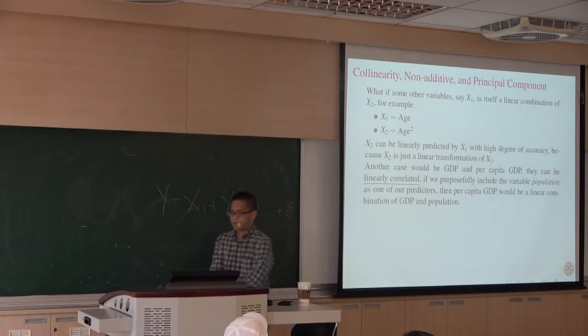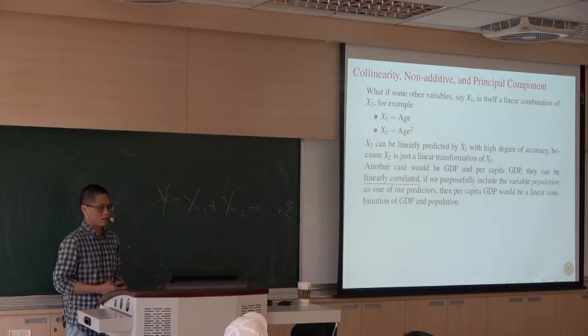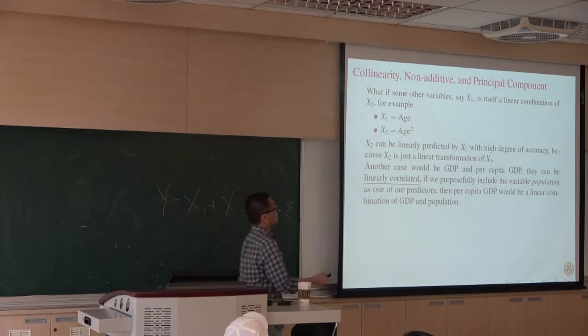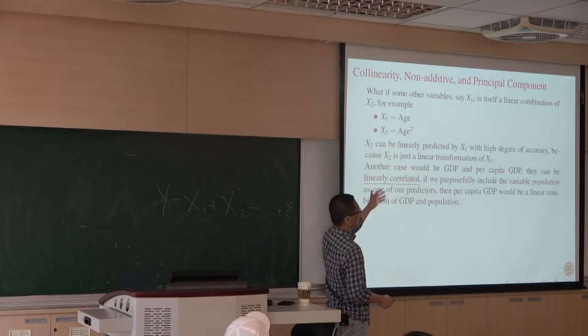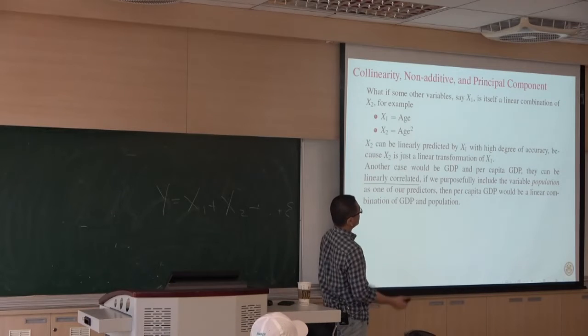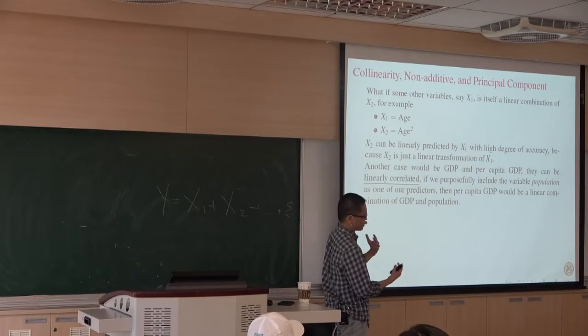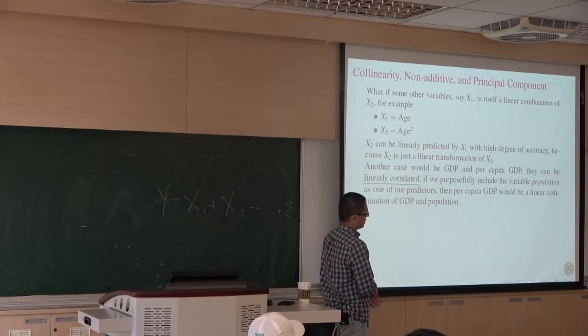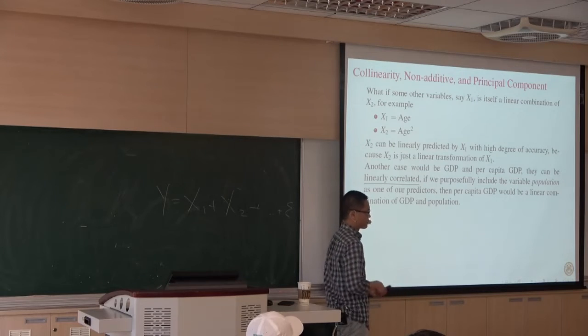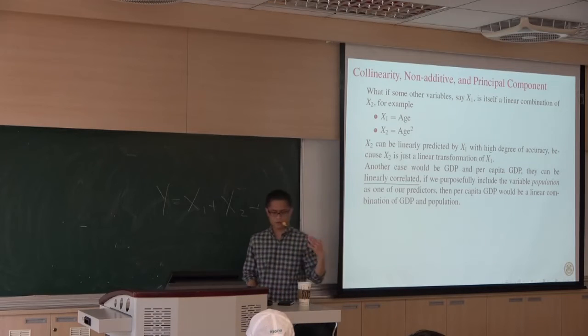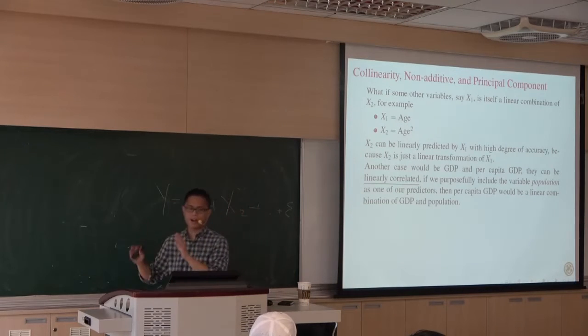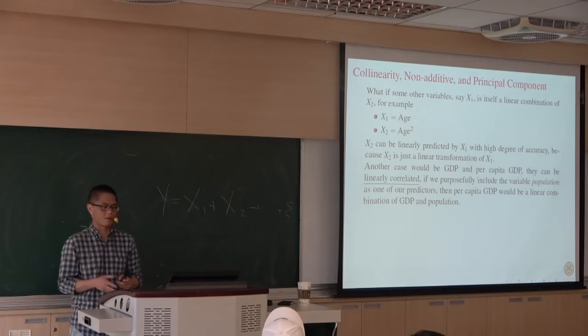So what could this condition be? Maybe some variable, say x1, is itself a linear combination of x2. Some people would say linear transformation, but I tend not to use the term transformation, because people usually apply transformations directly to partial out those correlations between two variables.